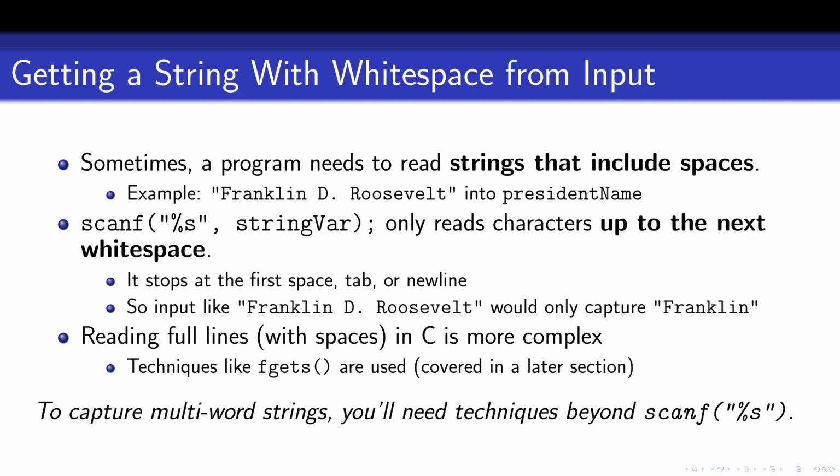Unfortunately, handling whitespace in strings using scanf is tricky and not something we tackle right away. A better approach for reading full lines of input, including whitespace, is to use functions like fgets, which we'll cover in a later section. For now, just remember that scanf("%s") works for single words, and it will cut off the input at the first space or newline character. This is a common source of confusion, so don't worry, you're not alone in bumping into it early on.